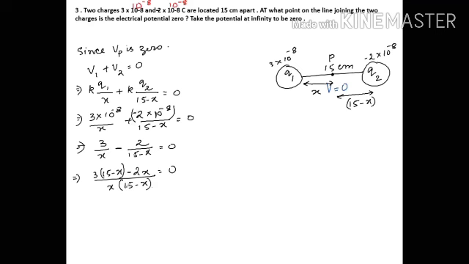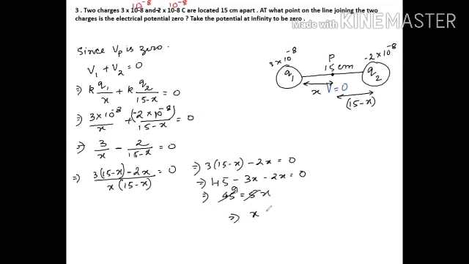Then again, the denominator part, you bring it to this side, it will become 0. So you are left with only this much: 3 into 15 minus x, minus 2x, equals 0. If you do the simplification, 45 minus 3x minus 2x equals 0. So 45 is equal to 3x plus 2x, which is 5x.